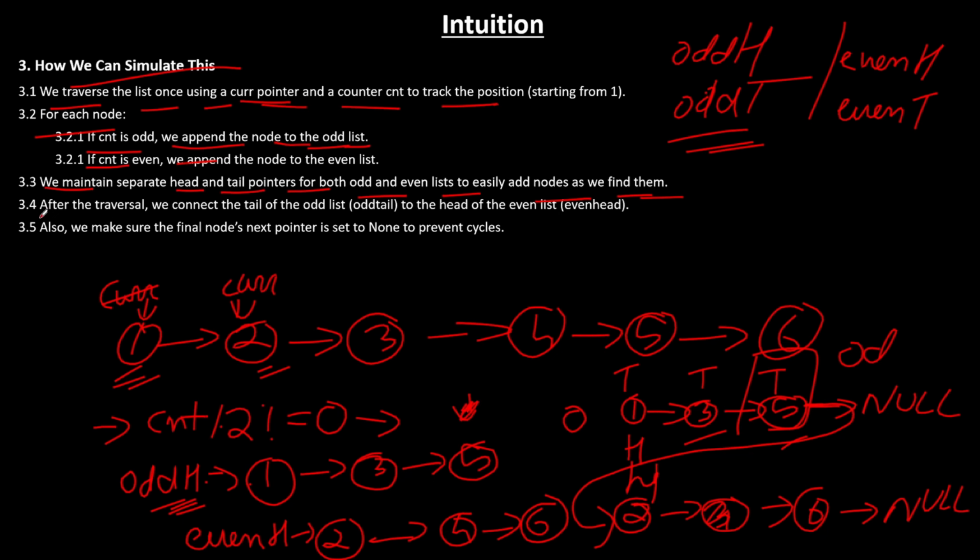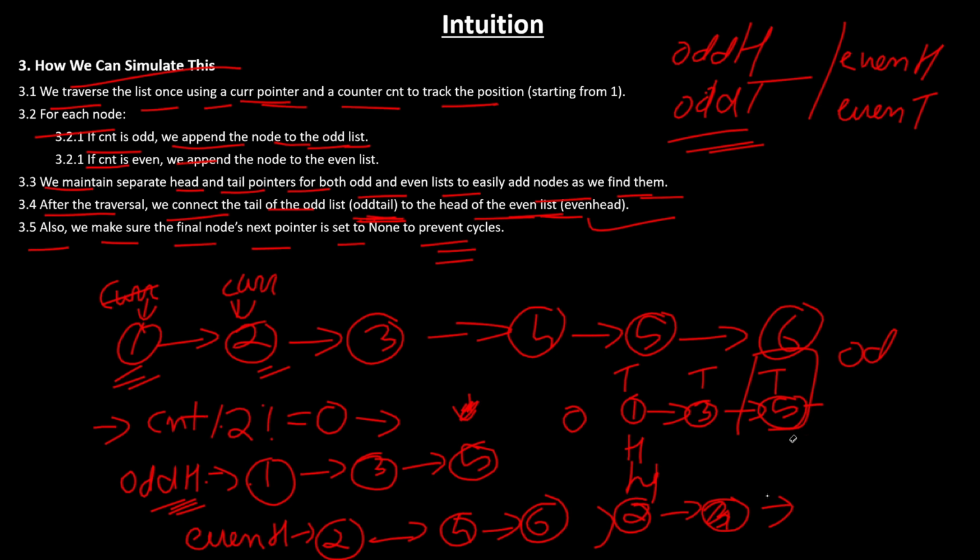So after the traversal, we can connect the tail of the odd list, or odd tail, to the head of the even list, or even head. Also, we make sure that the final node points to none to prevent cycles. So we have to point it to null because it might create a cycle issue, right? So this is the simulation which we can do and complete our solution.